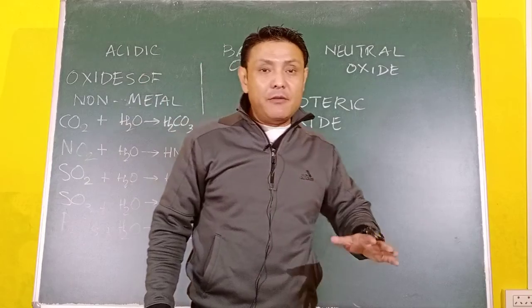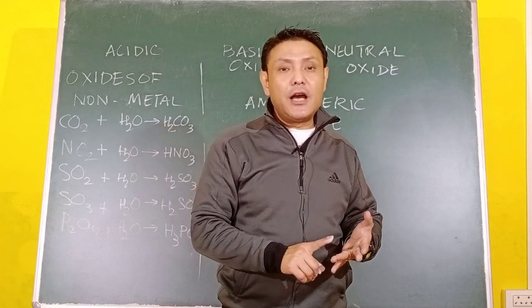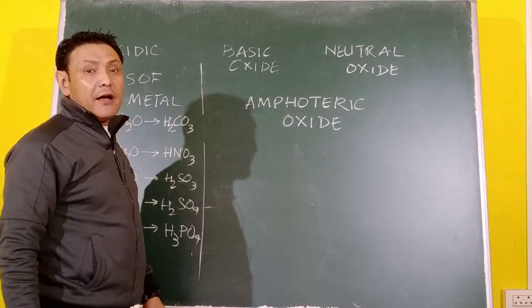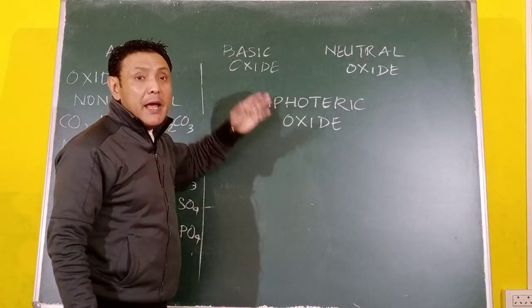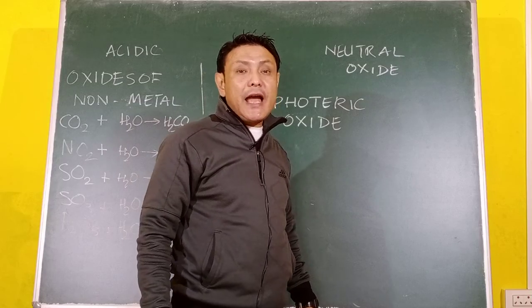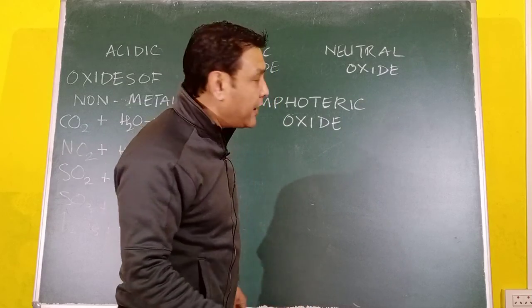Metalloids are elements which have the property of both metal as well as non-metal. Similarly here, amphoteric oxides are both acidic in nature as well as basic in nature. So oxides of metals which act as a base as well as an acid are called amphoteric oxides.